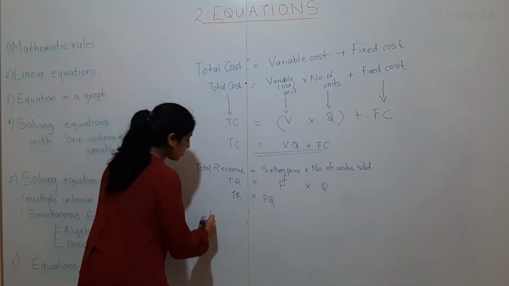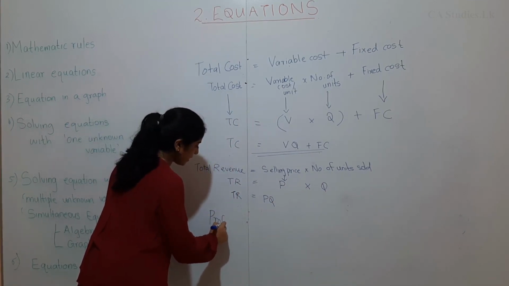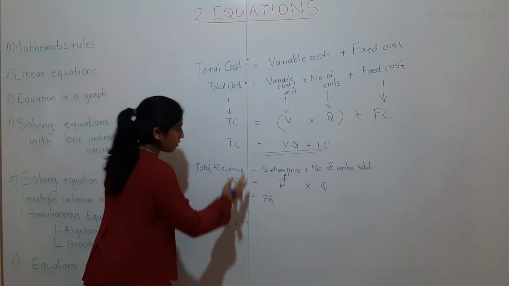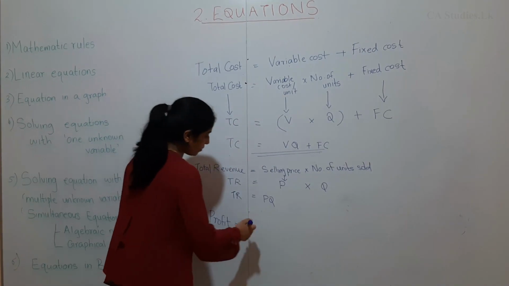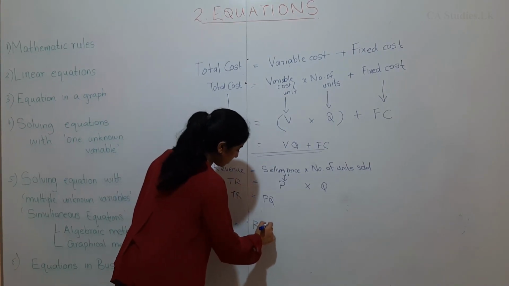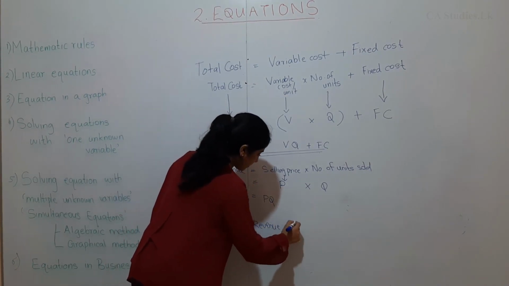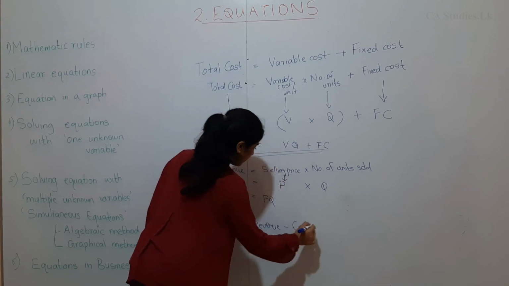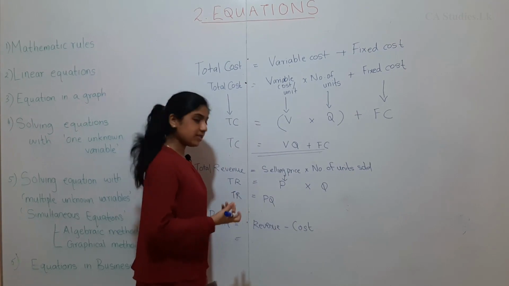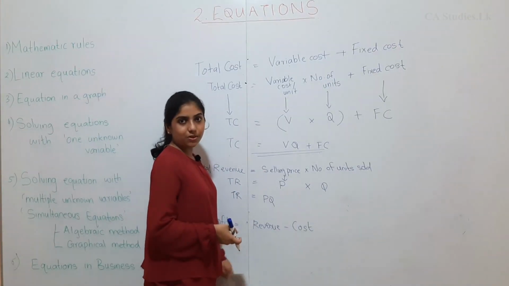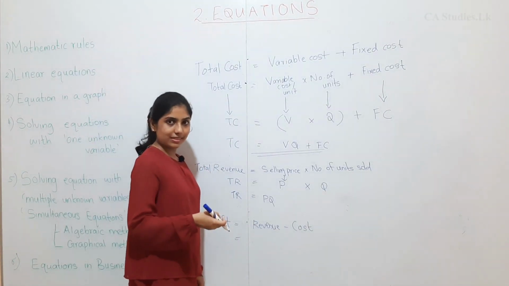Now let's find the profit equation. They might give it like this and ask you to develop the profit equation. In that case, we know profit equals revenue minus cost. So simply substitute the letter of revenue into the profit formula and present it.